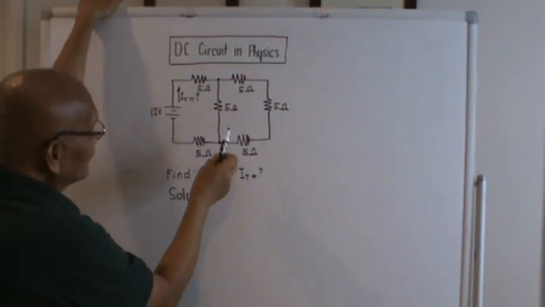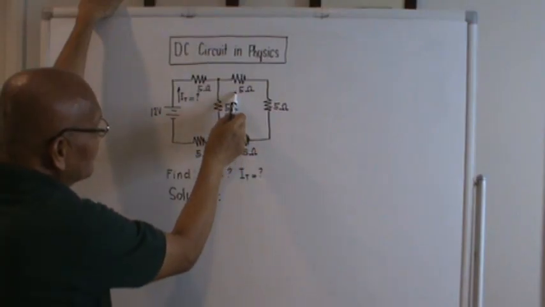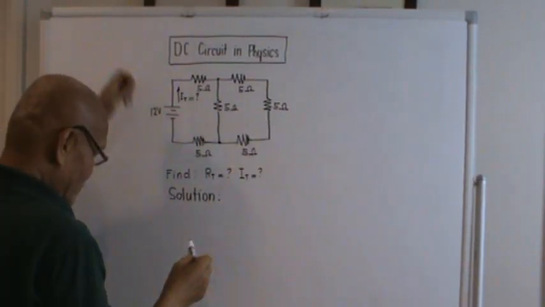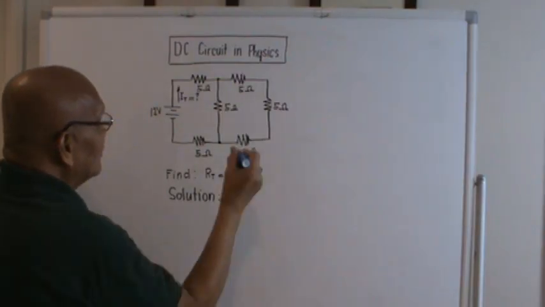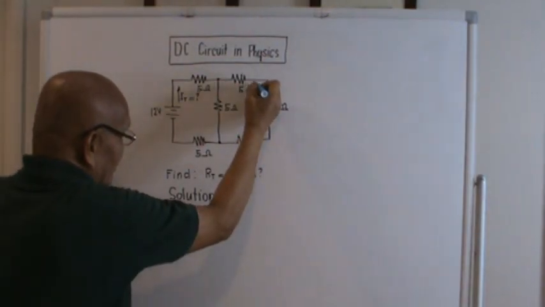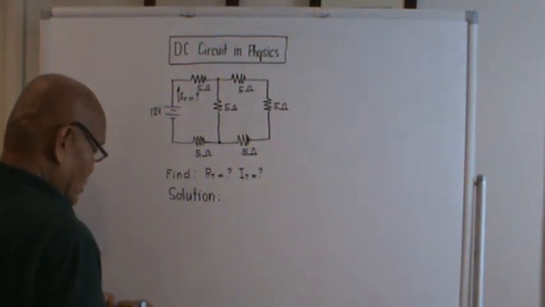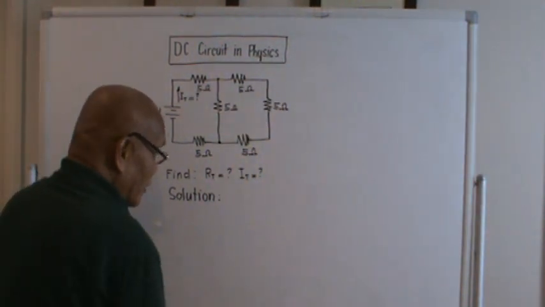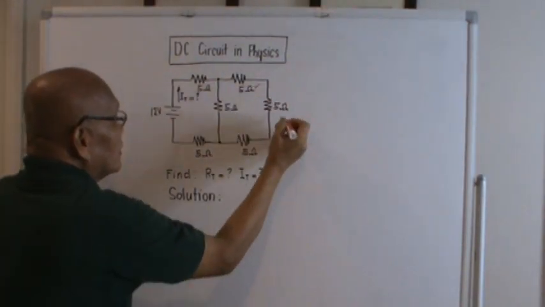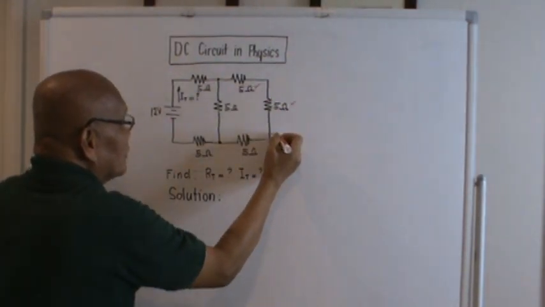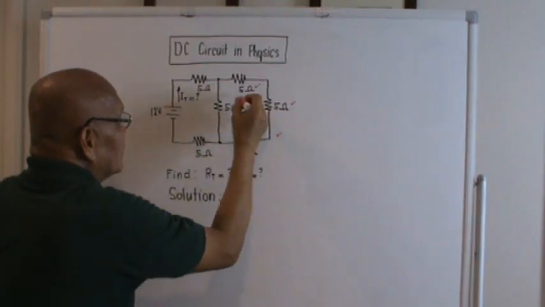If we try to analyze this 5 ohm here, this 5 ohm and this 5 ohm, I better use another color for this one. I think my blue ink, no more ink. This 5 ohm here, and this 5 ohm, and this 5 ohm.